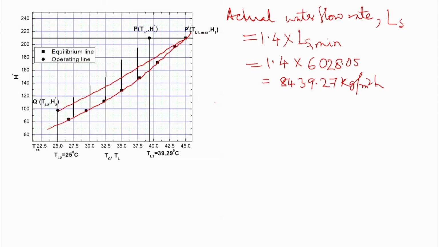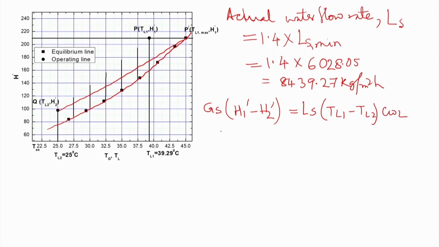So, we will again apply the same equation: Gs into H1 prime minus H2 prime is equal to LS into TL1 minus TL2 into CWL.